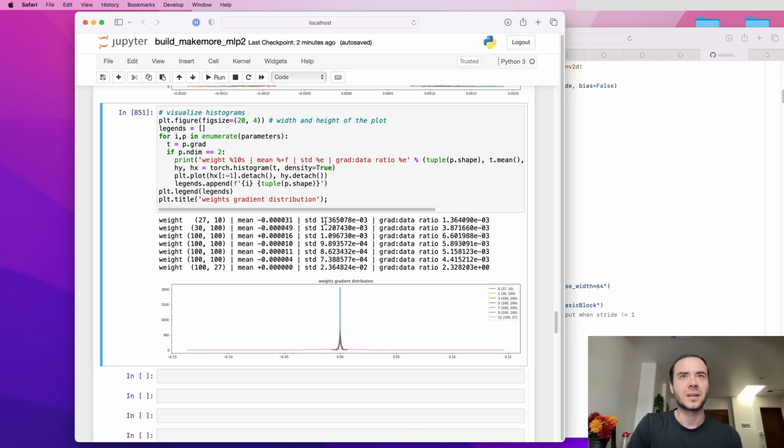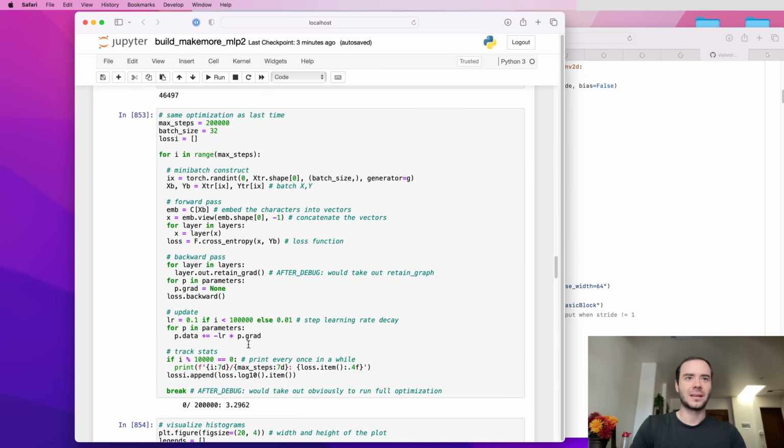So the standard deviations are roughly 1e-3 throughout, except for the last layer, which actually has roughly 1e-2 standard deviation of gradients. And so the gradients on the last layer are currently about 10 times greater than all the other weights inside the neural net. And so that's problematic because in the simple stochastic gradient descent setup, you would be training this last layer about 10 times faster than you would be training the other layers at initialization.